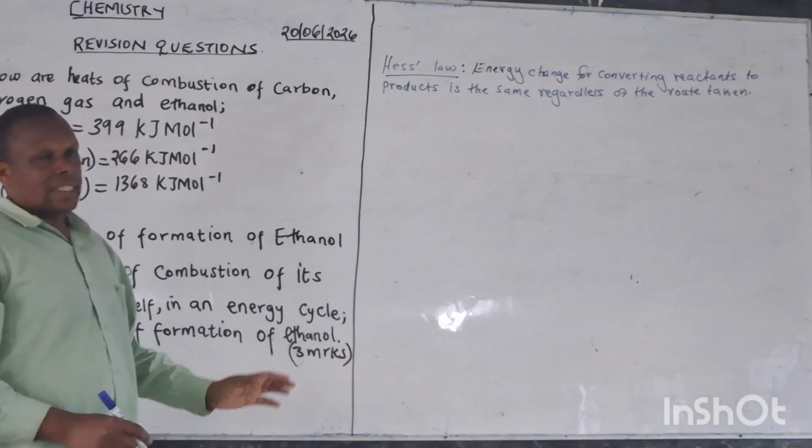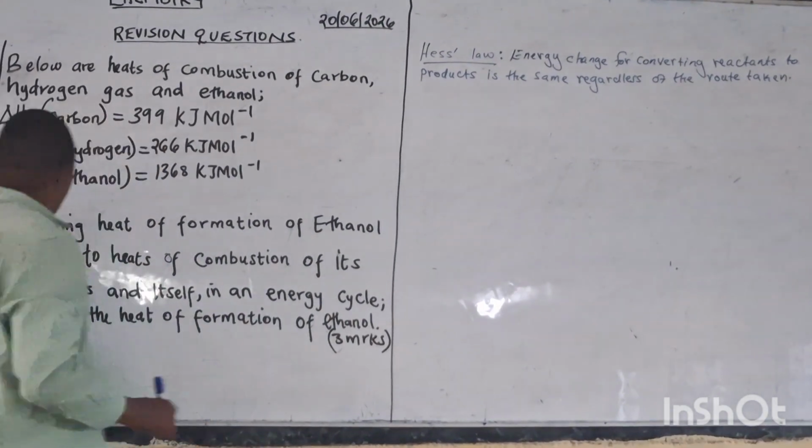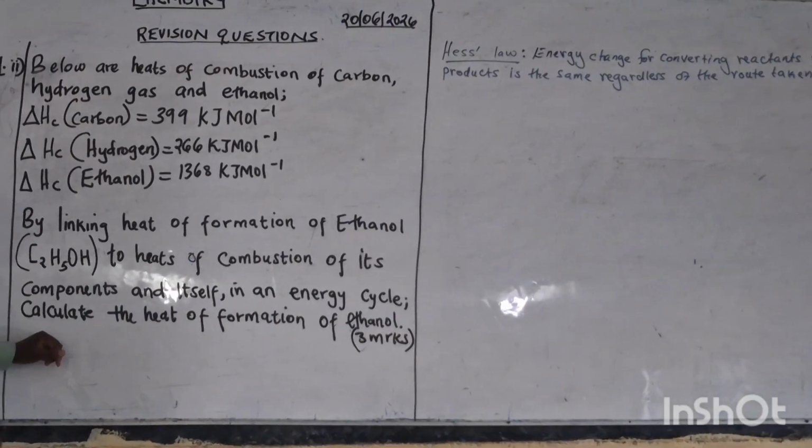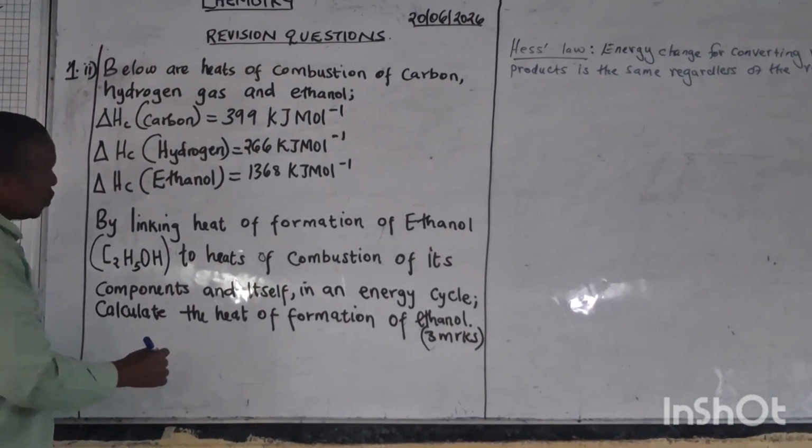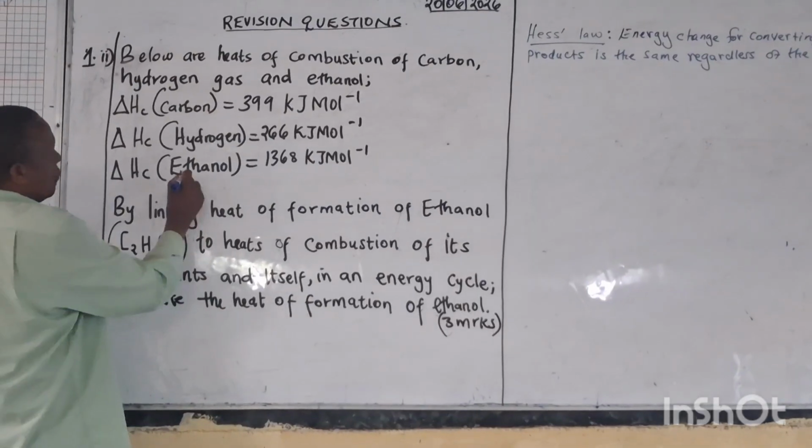Are we together? That is the Hess's law. So this question is actually an application of the Hess's law. Now, what do we want to form? We want to form ethanol.